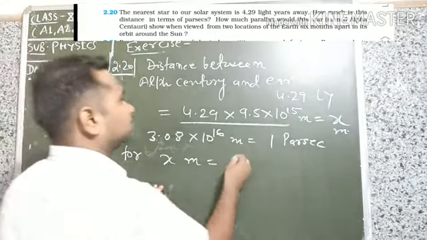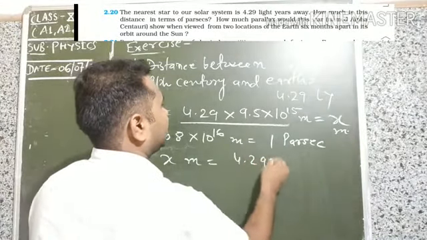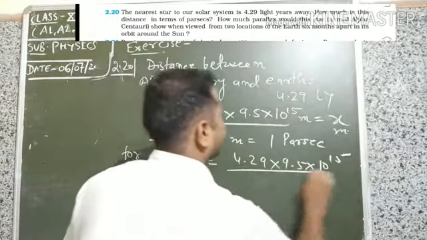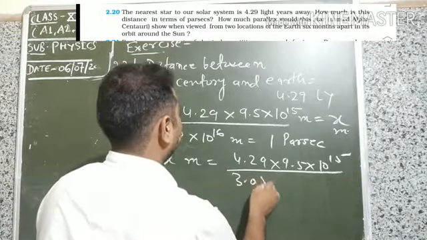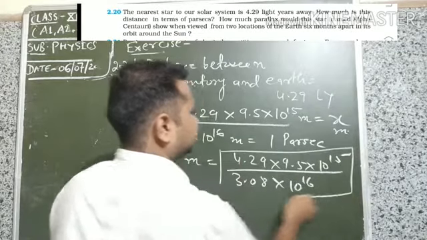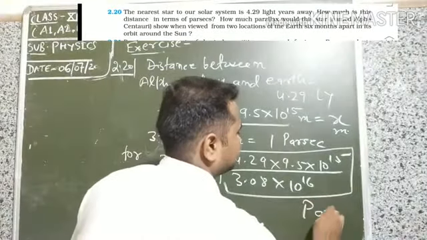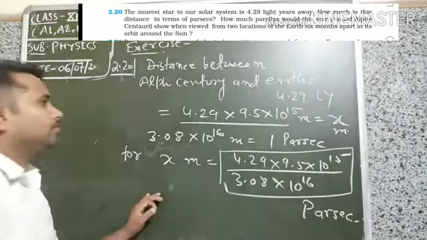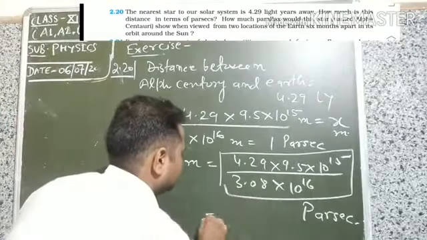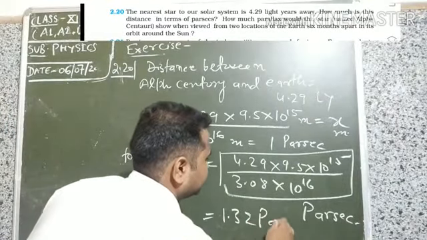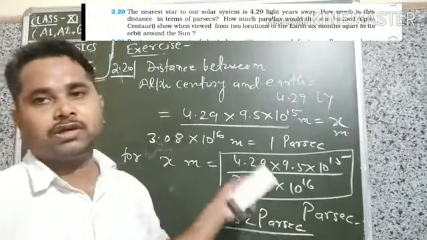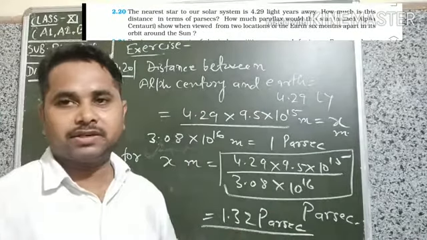So x equals 4.29 into 9.5 into 10 power 15 divided by 3.08 into 10 power 16. This will convert the distance into parsec. By solving this you will get 1.32 parsec. The distance between Alpha Centauri and Earth in parsec is 1.32 parsec.